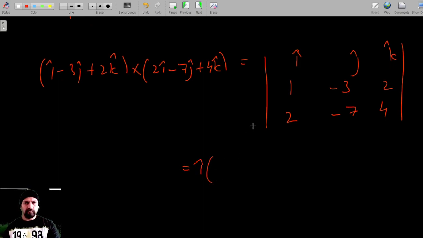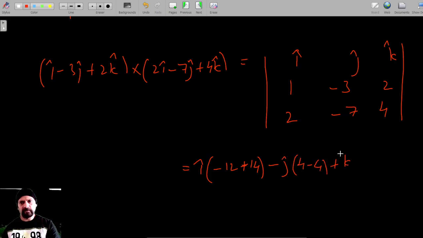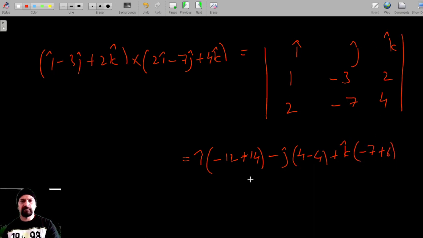So this is i cap into minus 12 plus 14, minus j cap into 4 minus 4, plus k cap into minus 7 plus 6, which gives us 2i cap, 0, and minus k cap.